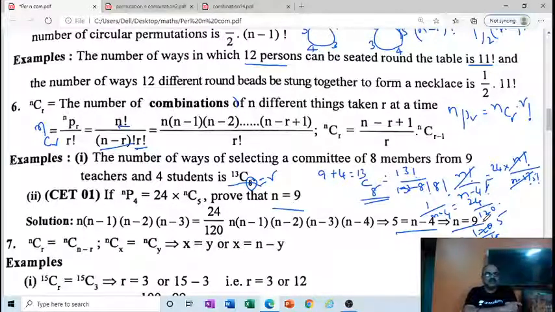Because r has both the values here. nCx is equal to nCy, if I say x is equal to y, or x is equal to n minus y. The second one also needs to be put in. So 3 or 15 minus 3, 12, is the right answer.